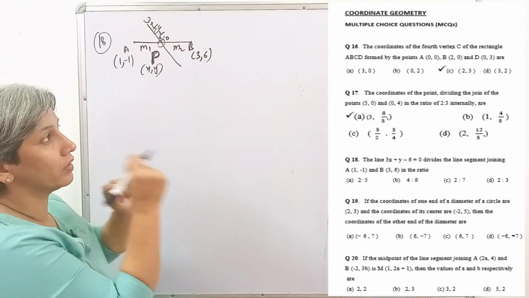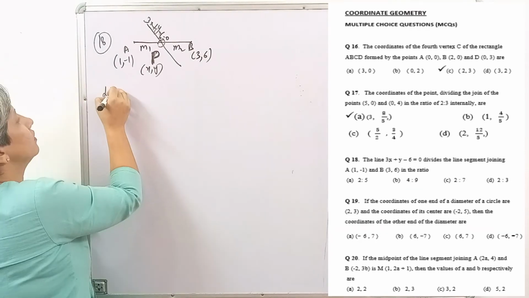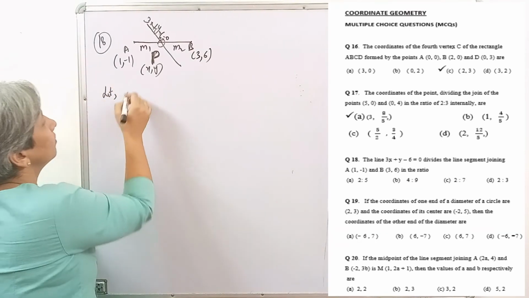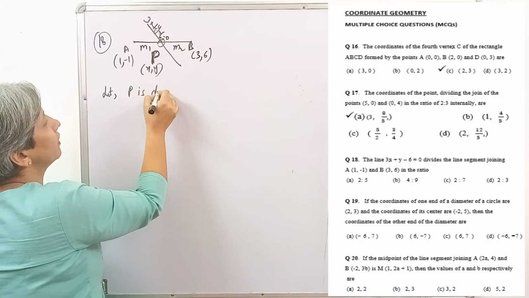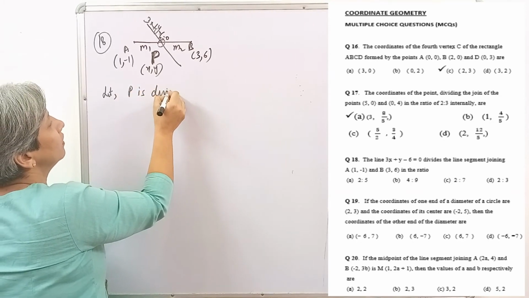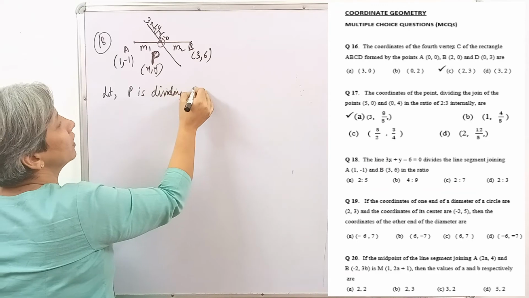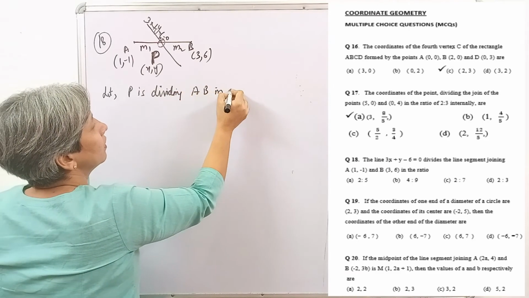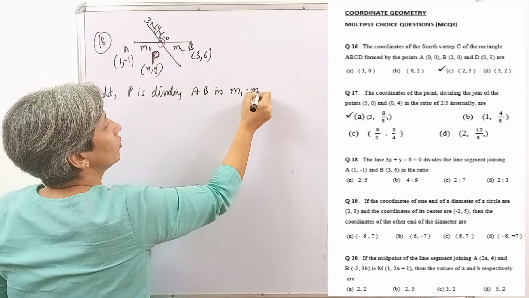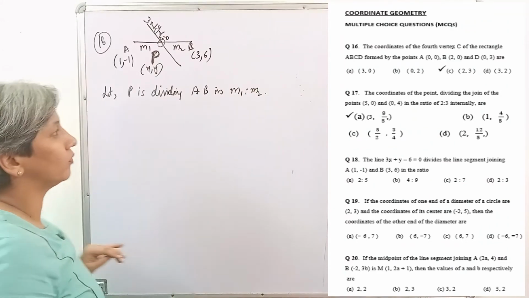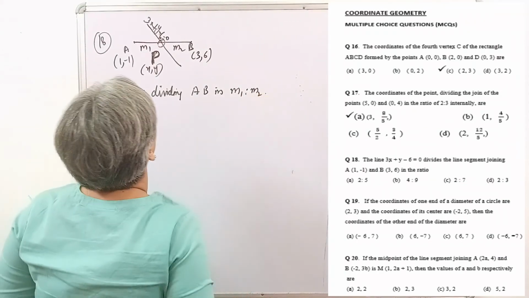Okay, and now we have to find the ratio that P is dividing AB in M1 is to M2.